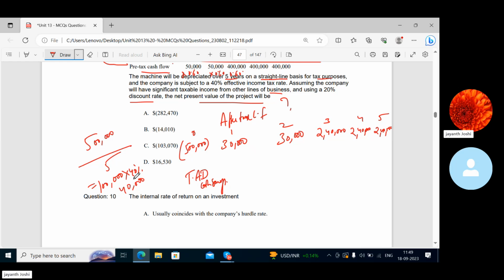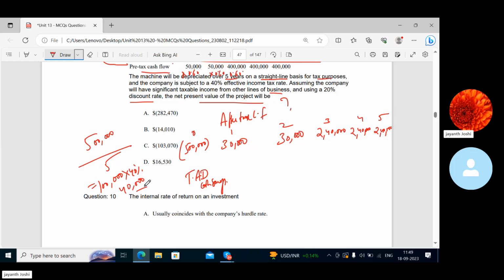This 40,000 is the fixed amount for every year, the fixed cash flows for the coming 5 years, correct?